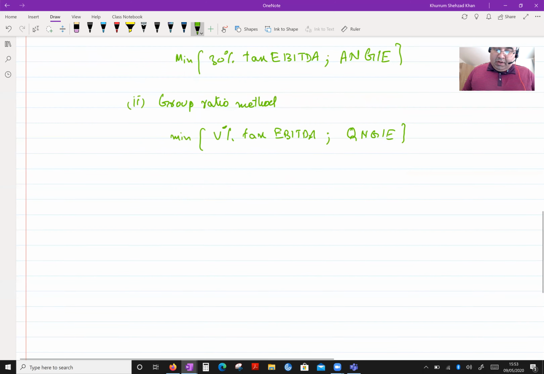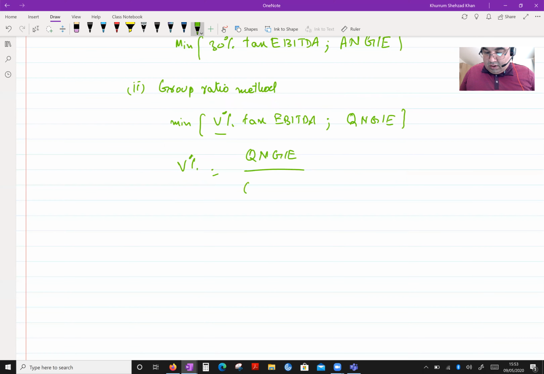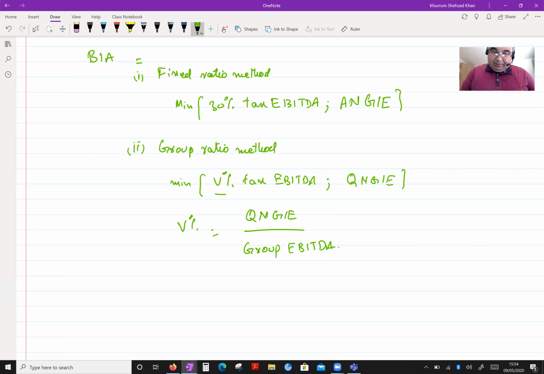Now, what is V percentage? V percentage is your total QNG over your group EBITDA. With this equation you get a V percentage, you multiply it with the tax EBITDA, and that gives you the total allowed amount of basic interest allowance.